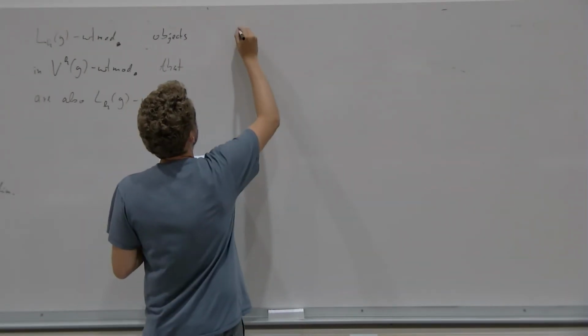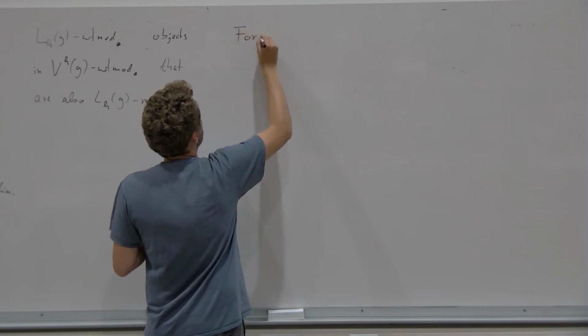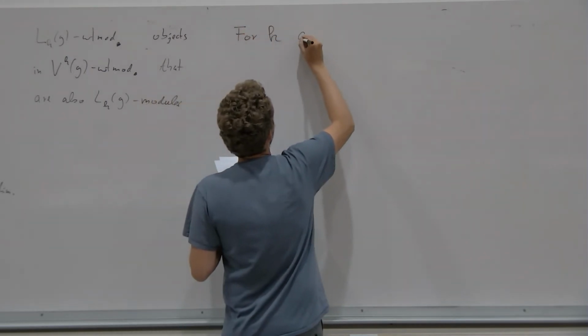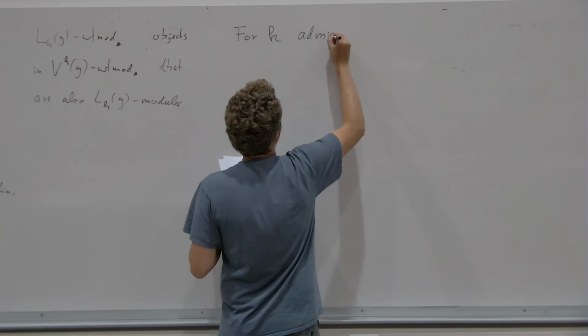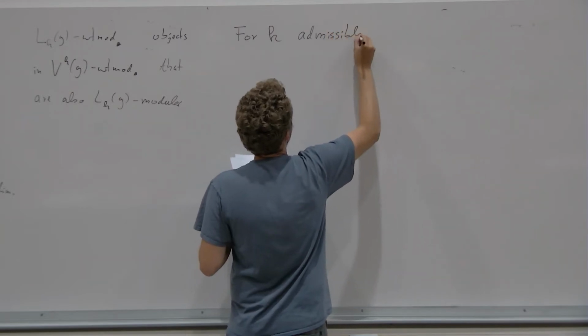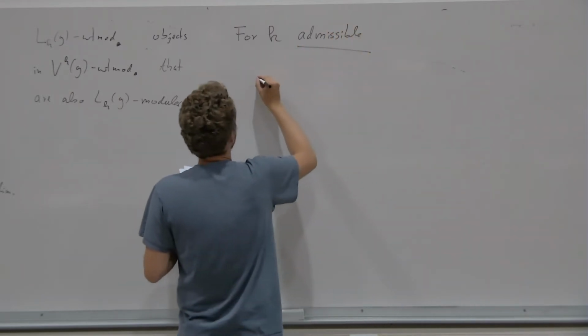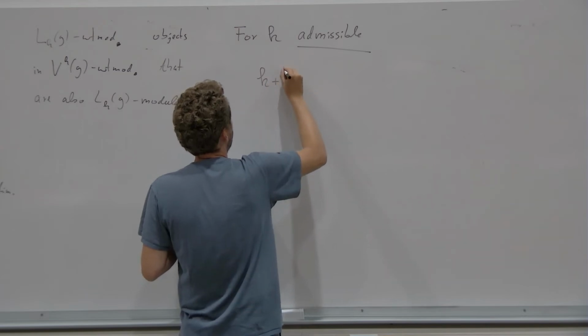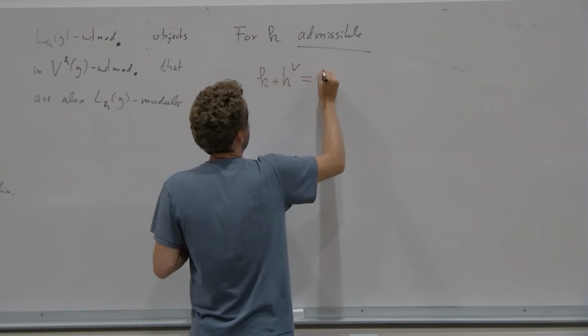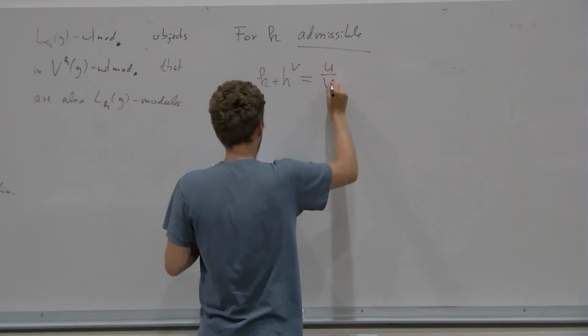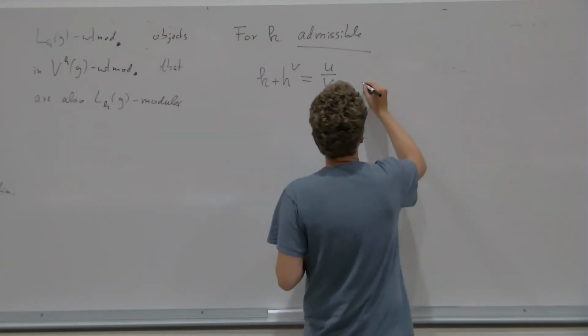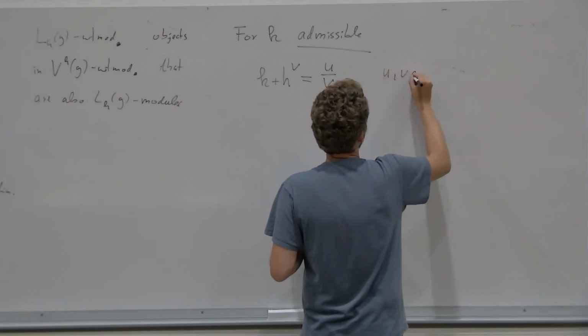So we are interested in k being admissible. Let me write down what this precisely means. That means that k plus the dual Coxeter number is a rational number. We write it as u over v. It needs to be a positive rational number.